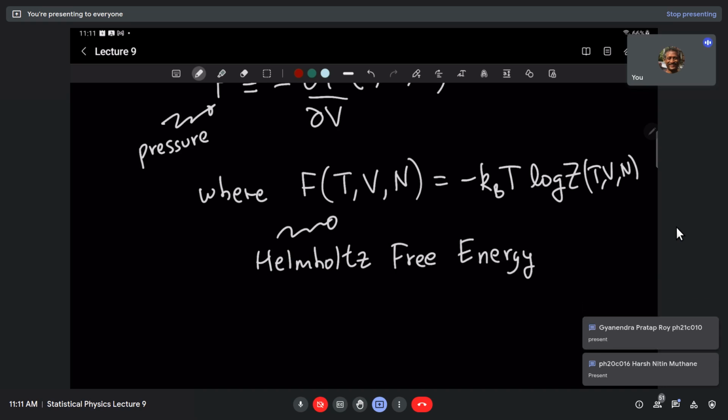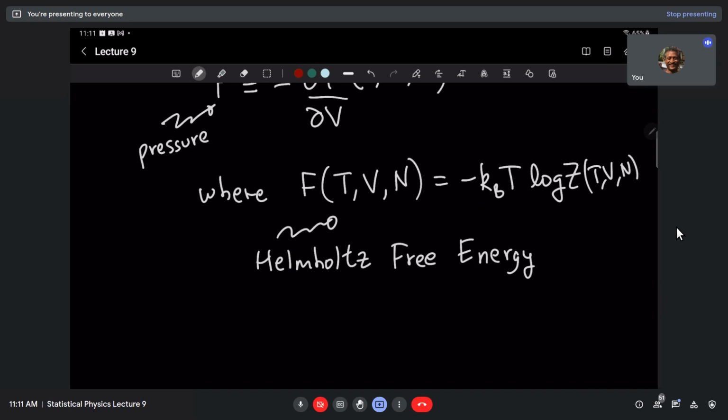Okay, one thing to remember is that all free energies have the dimensions of energy, and you can check here that kBT has the dimensions of energy. So log is dimensionless, so that's perfect. So F is this thing.